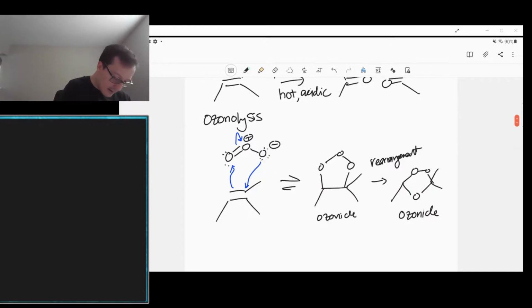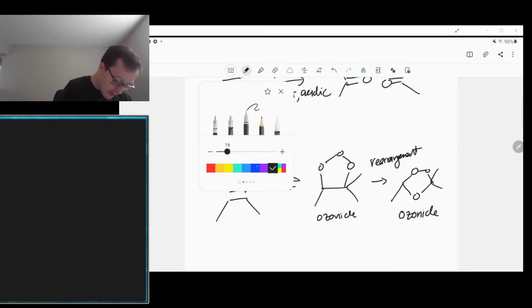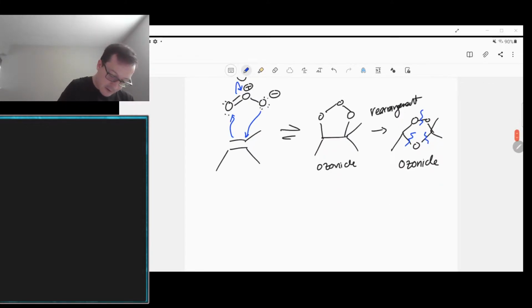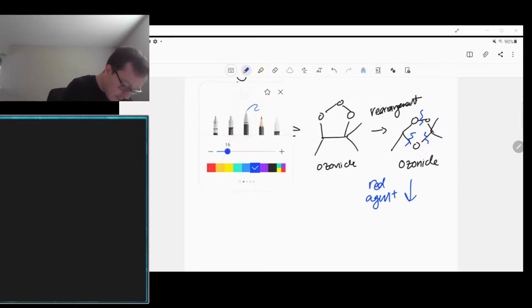So our reducing agent is going to cleave these bonds here. So in the presence of a reducing agent, such as dimethyl sulfide, I'm going to do DMS in a different color.